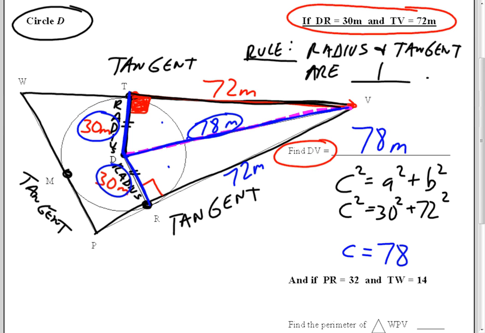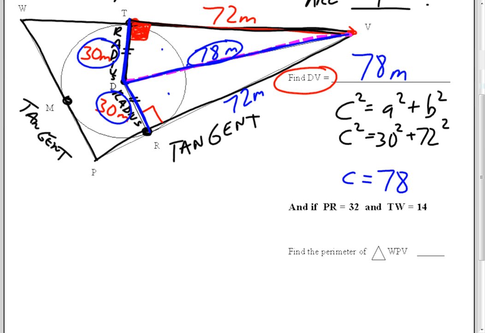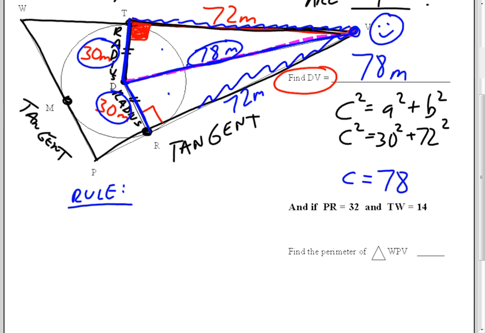That leads to our next rule. Down here we'll put another rule. The way I describe it, if I'm out here at V and I want to get back to the circle and I can only travel on tangents, I could either go this way to T or I could go this way to R. Either way that I go, it's going to be the same distance.